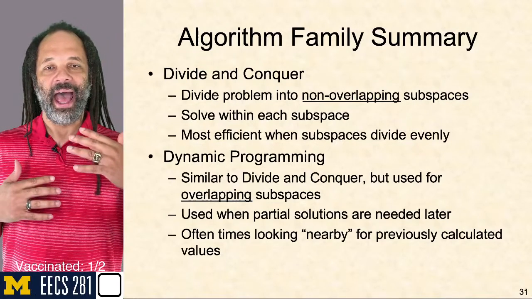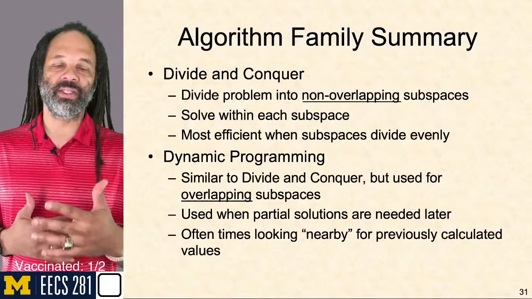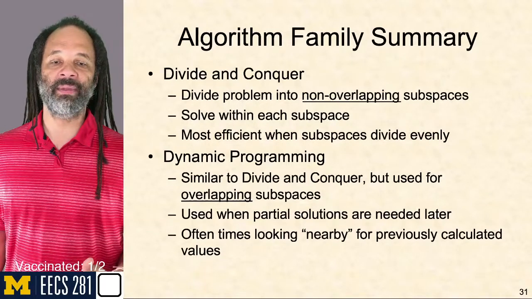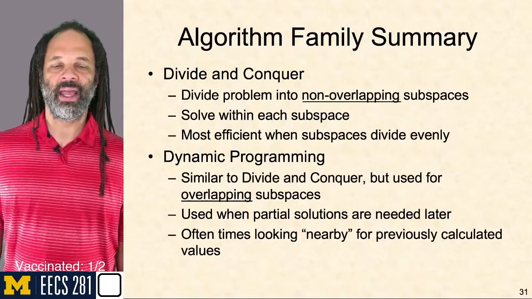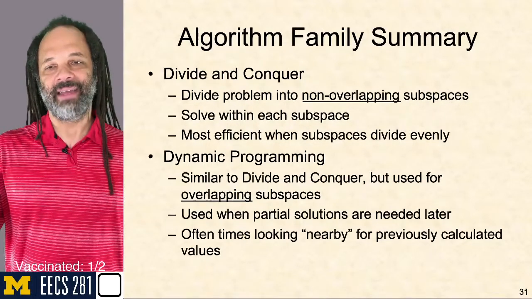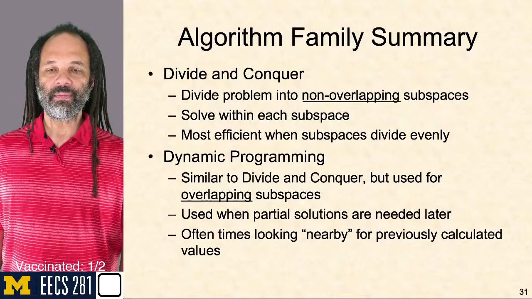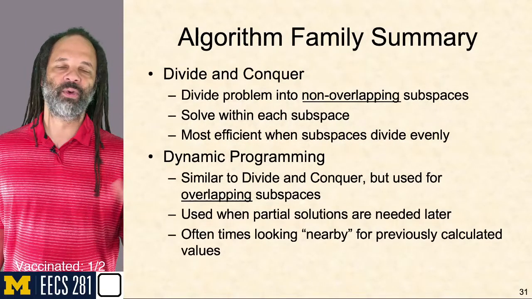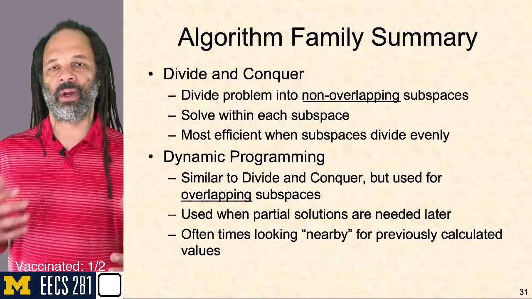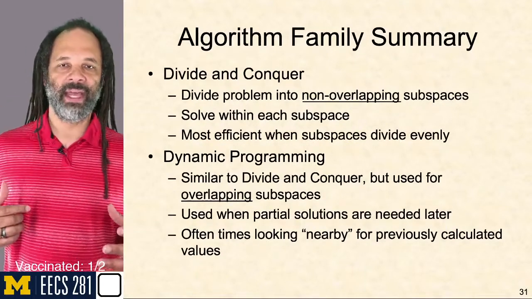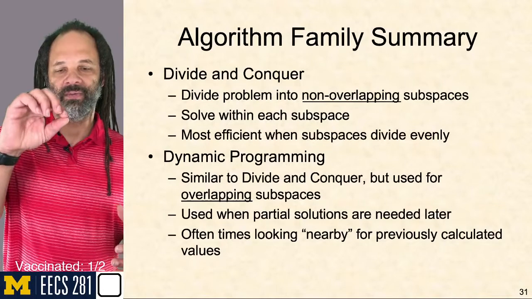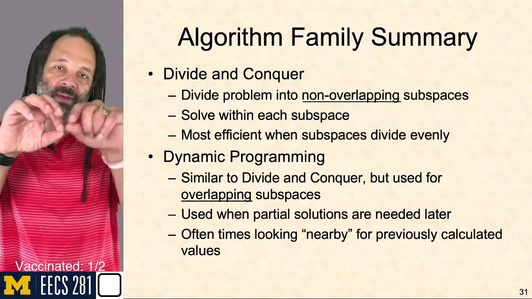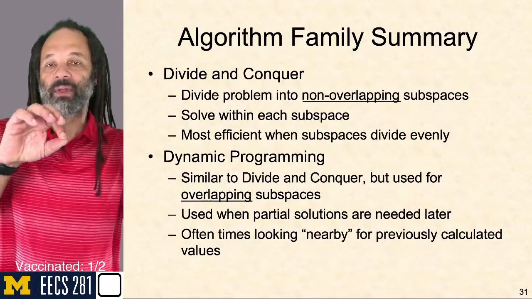And I can do this when I've got partial solutions to these problems that I would then use multiple times later. I save some information there, and then it saves me time later. Oftentimes we end up looking nearby for these previously calculated values. So if I've got some table where I'm storing my results, if I'm looking for the answer to what's in cell 46 for my 46th Fibonacci number, I can look nearby to see what's in 46, what's in 45, and what's in 44.